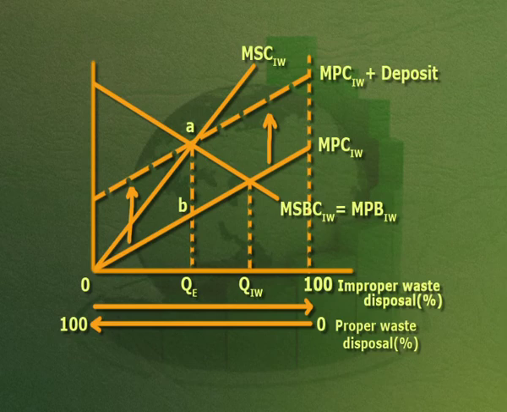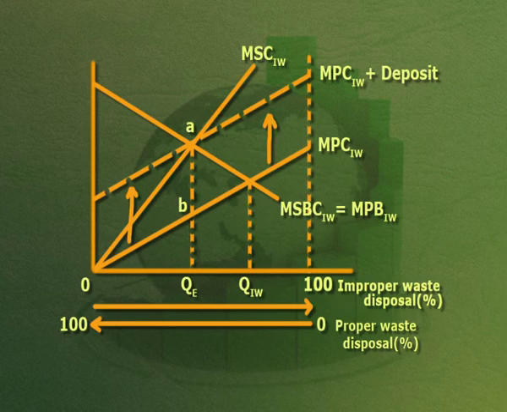The MPC IW includes expenses for collecting and illegally dumping waste plus the cost of improperly disposing recycling waste, such as expense of trash receptacles, collection fees paid to refuse companies, and the opportunity cost of foregone revenue associated with recycling. The MSC IW includes the MPC IW plus the MEC IW, represented implicitly as the vertical distance between MSC IW and MPC IW.